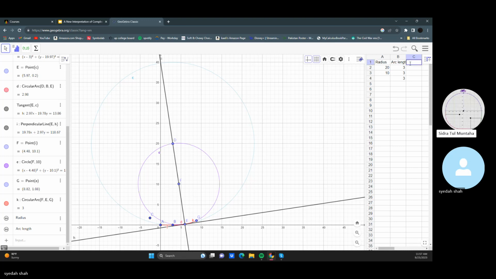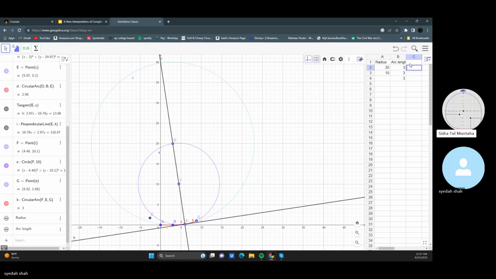Do you know how to apply the different formulas in the spreadsheets? Maybe I don't actually. Okay, so you can just check. You can just Google it.